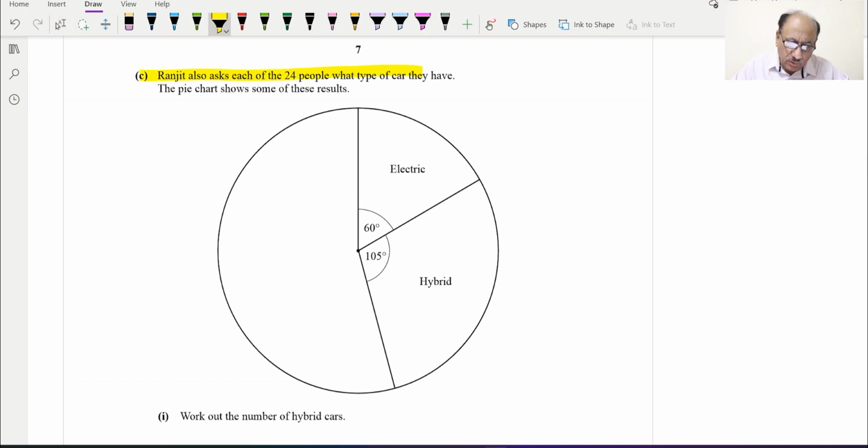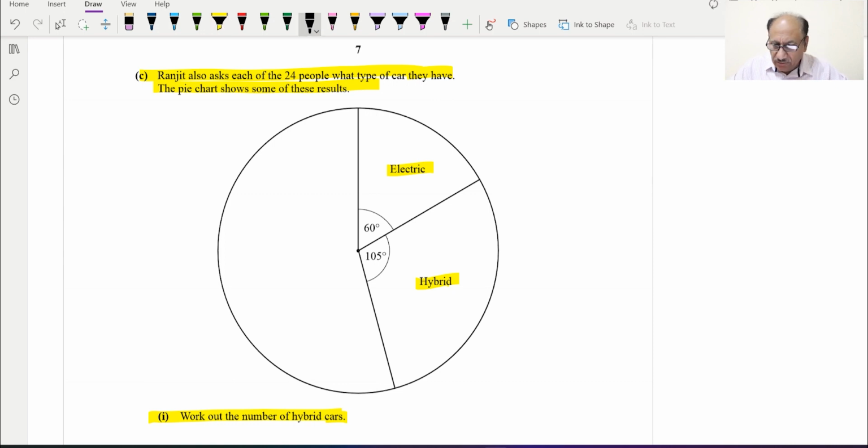Ranjit also asks each of the 24 people what type of car they have. The pie chart shows some of these results. Hybrid car 105 degrees and electric car 60 degrees. Work out the number of hybrid cars. So hybrid cars is 105 degrees.